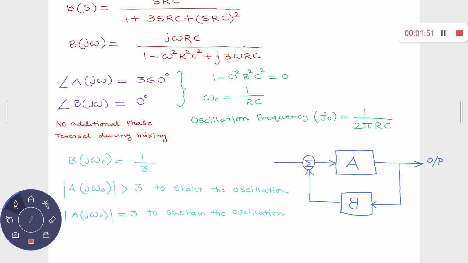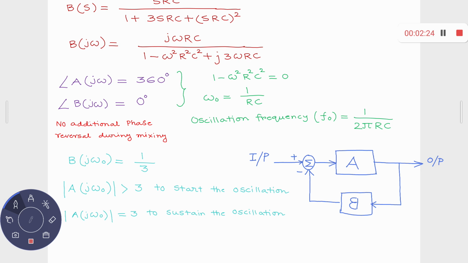We write it like a summation sign, but this can be either plus or minus. Summation or subtraction, the notion is the same, plus and minus. If it is plus minus, it is known as a negative kind of feedback. Let this be the input, IP, and that was the final output.